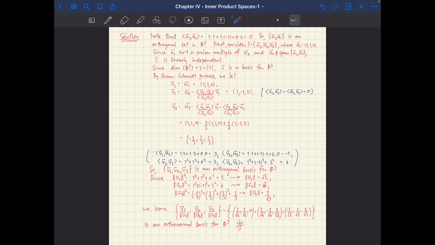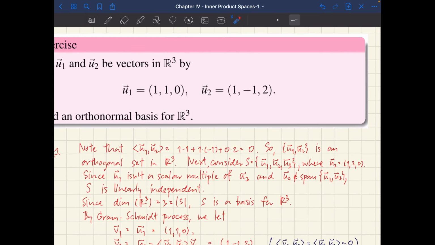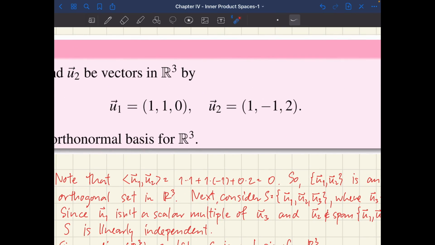Before we end this video, in this question you know that this is a vector in R3, and you know the operation in R3: if you have a vector u and a vector v, you can find u cross v.